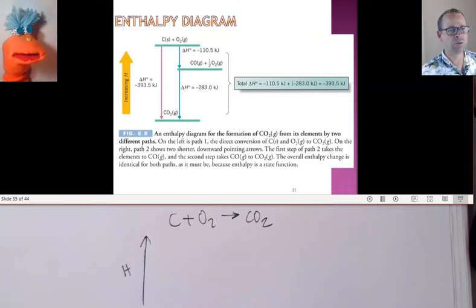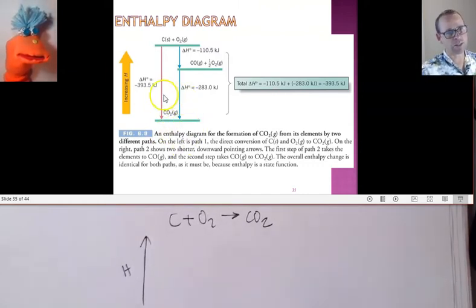I think you said that it was lower, and I can see from the diagram that it's lower. Carbon dioxide's energy is lower than that of carbon and oxygen. Again, this is the heat energy. And the 393.5 is the energy that's released as the carbon and oxygen are reacted to form the carbon dioxide.